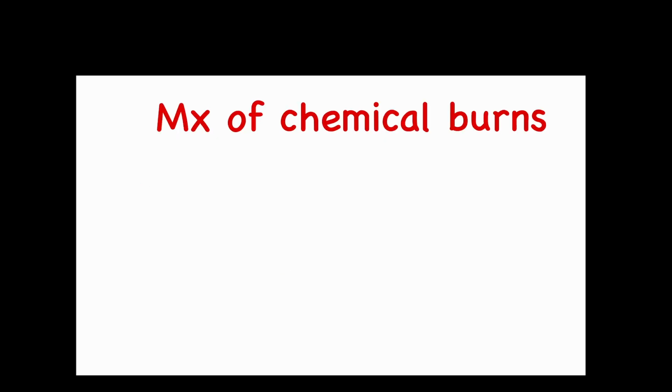Management of chemical burns. First thing to do in the management of chemical burns is removal of contaminated clothing and jewelry. Second thing to do is copious irrigation of wound with water.